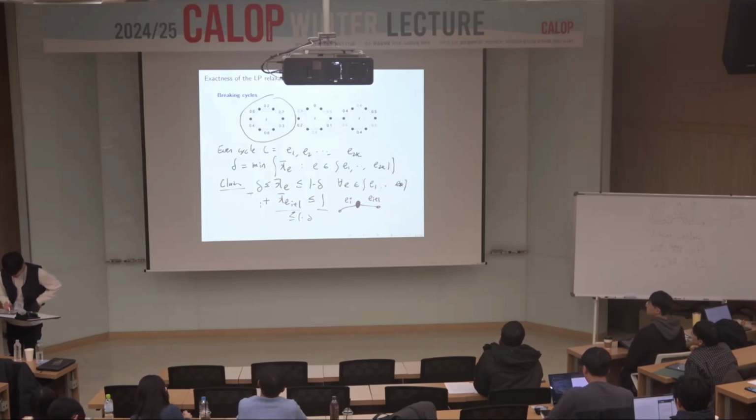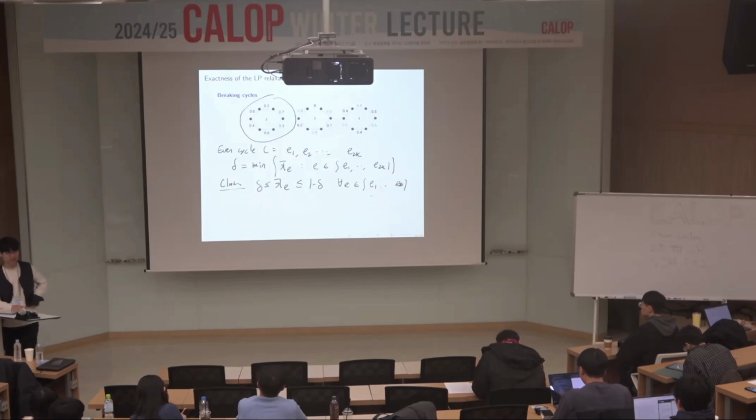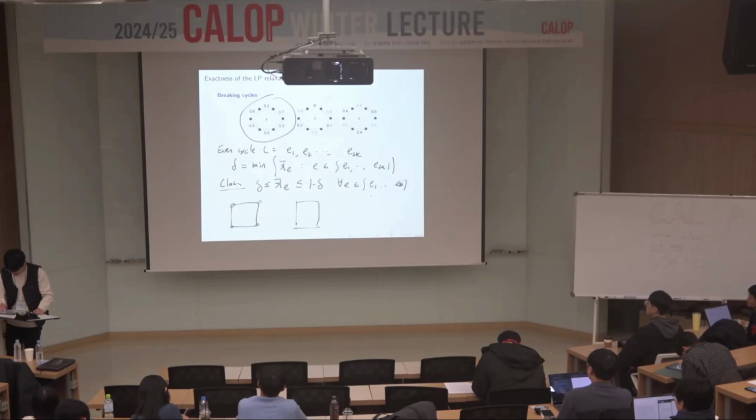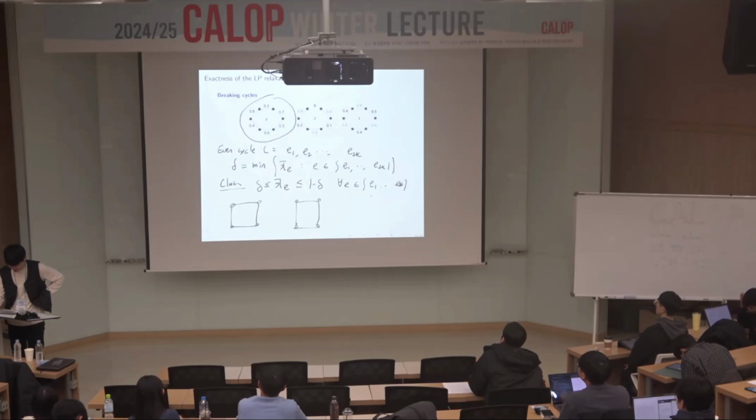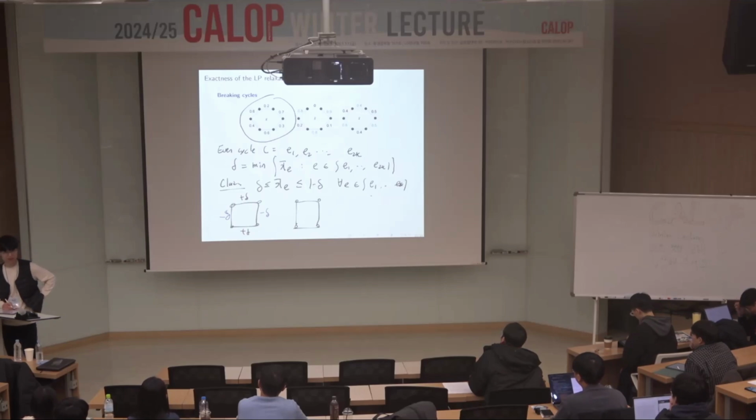Great. So then what I'm going to do is construct two solutions. Let me explain it with these rectangles. For one solution, I'm going to add delta and subtract delta, doing this alternating procedure.